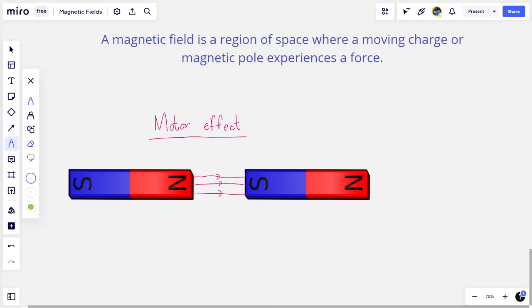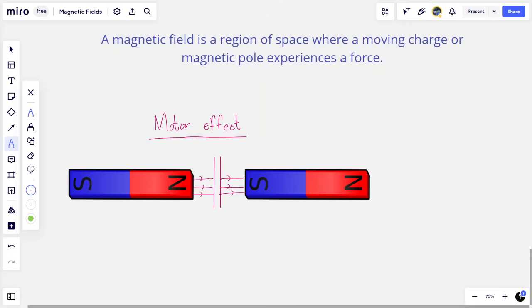Now, if I place a wire in that field, so this is a copper wire, what I notice is that nothing happens. Wow, that's great. All this drawing for nothing to happen.